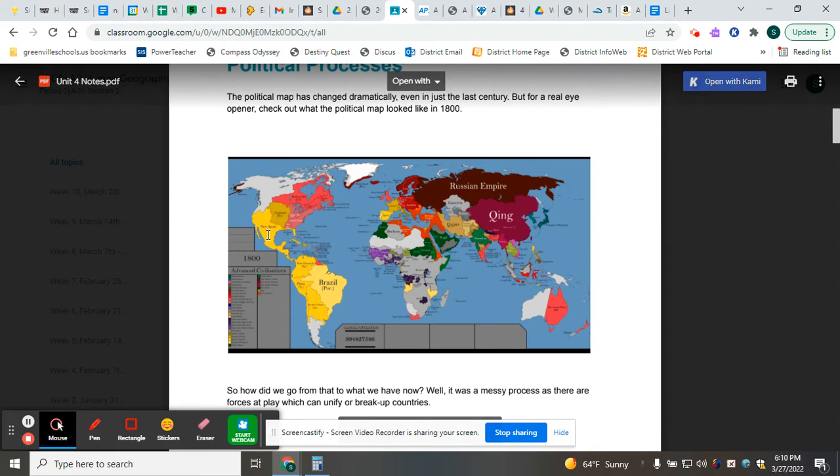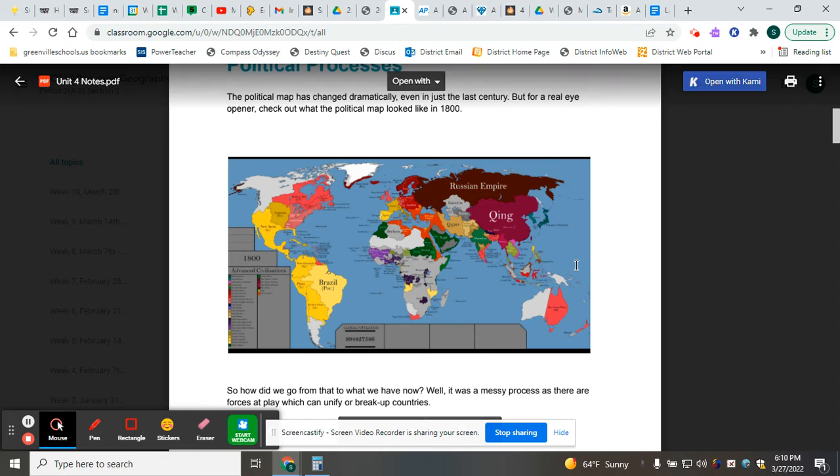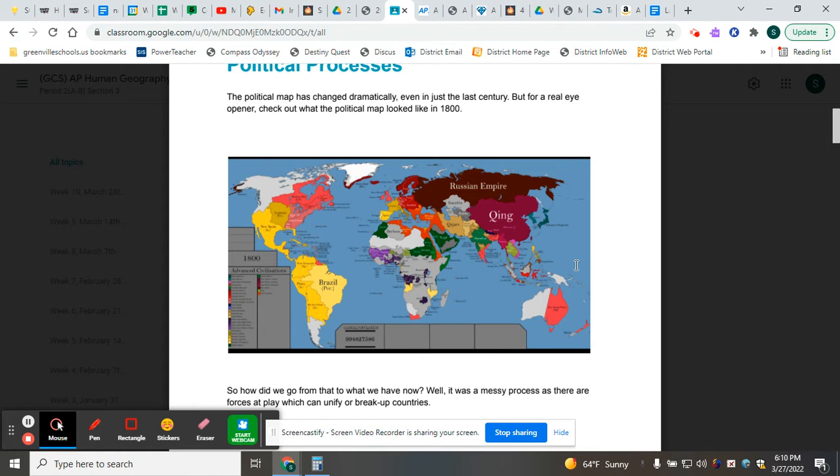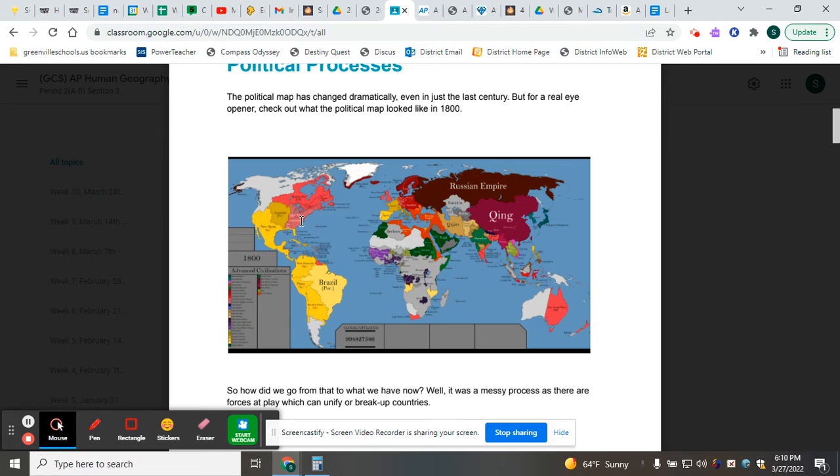I have a tendency, if it's 1800, to look at North America, and you've got England, France, and Spain at that time, all kind of still jockeying for position. And excuse me, I said England. Technically, it's 1800 and it is the United States by this time.